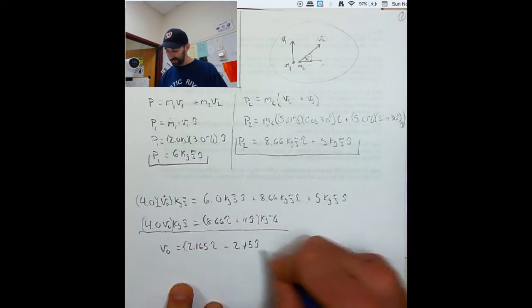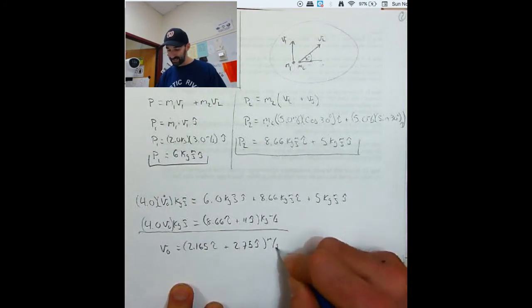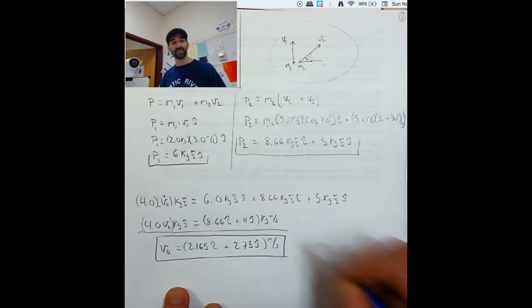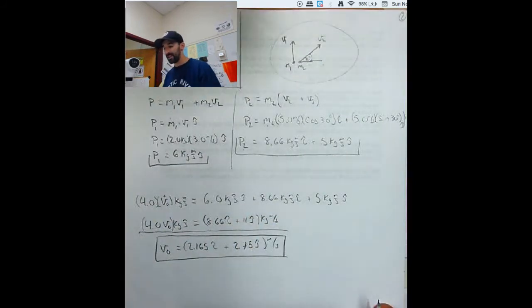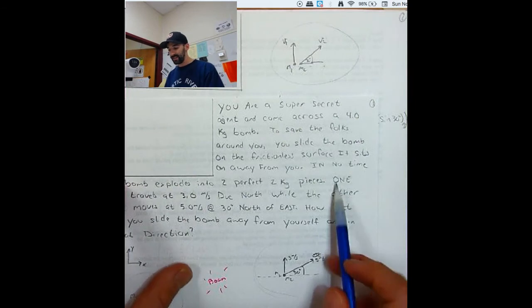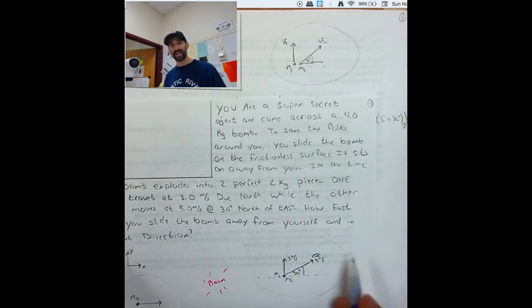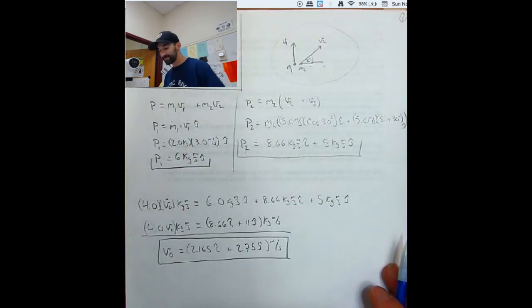And that whole thing is in meters per second. That is my final velocity. That answers my question. That is my final velocity and the direction because I gave it in vector notation. Exactly what we're looking for.